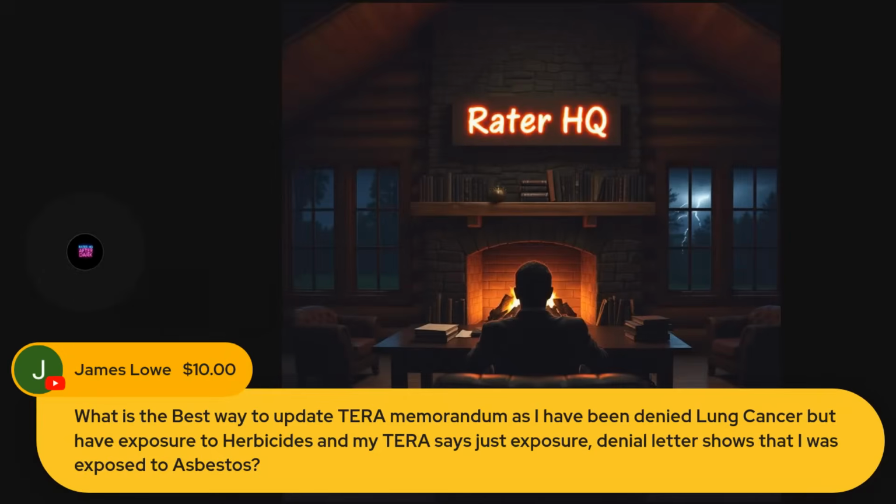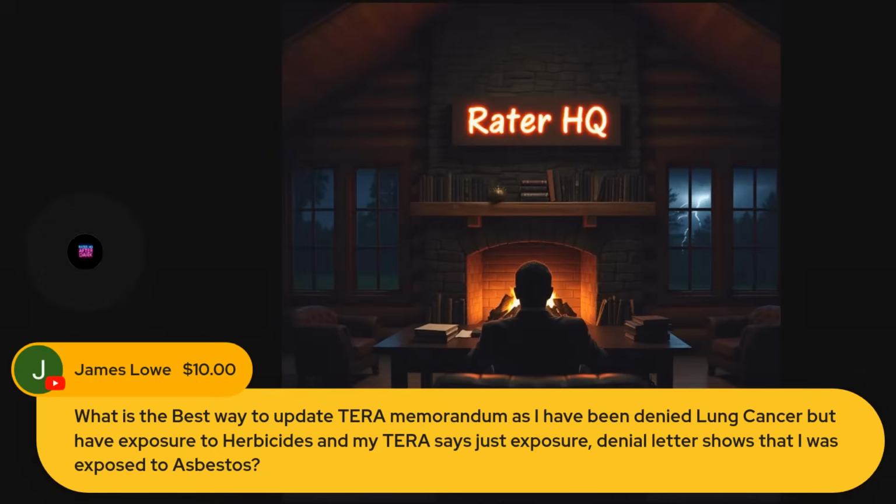So, James, what you're going to want to do is go to a VSO and have them pull your ILER if you have it, and you'll also potentially want to have them pull the memorandum, because the memorandum itself is 6 main questions with some sub questions in there. And for the most part, the VSR, and sometimes the rater, gets to kind of choose, based upon your evidence, what is in your TERA memorandum.